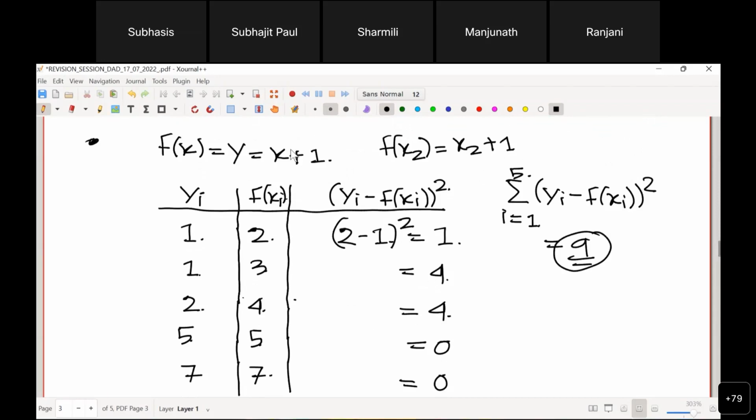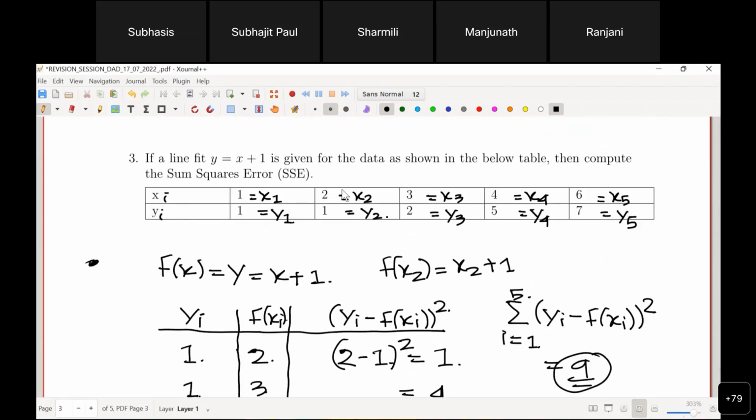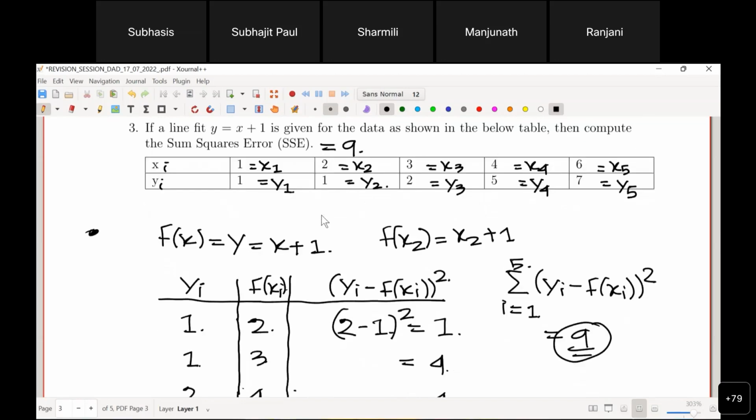So for this given function and the given data, the SSE is 9. The sum squared error for this function with respect to this data is precisely 9. This is probably the easier function. Similarly, the same procedure applies to each and every function, and you can do it accordingly.